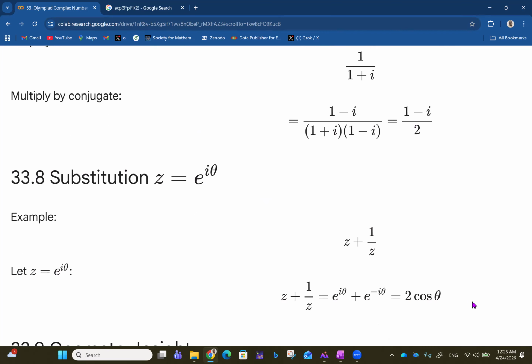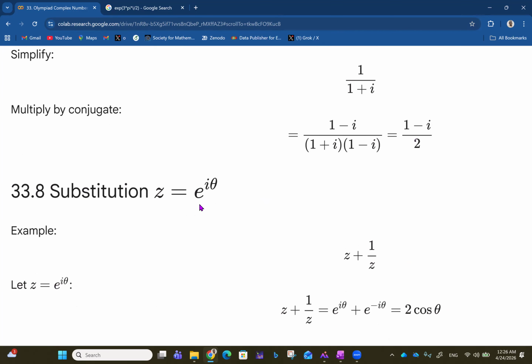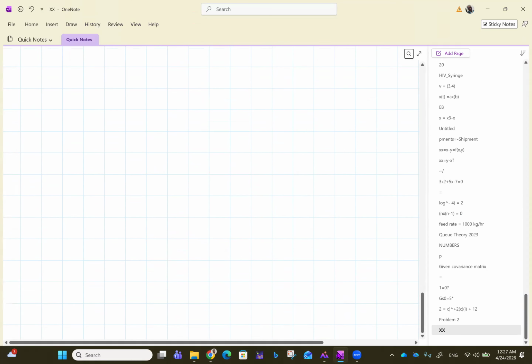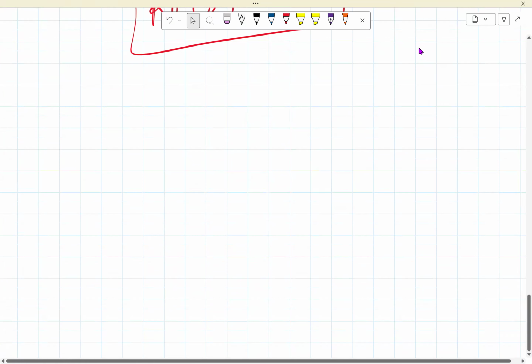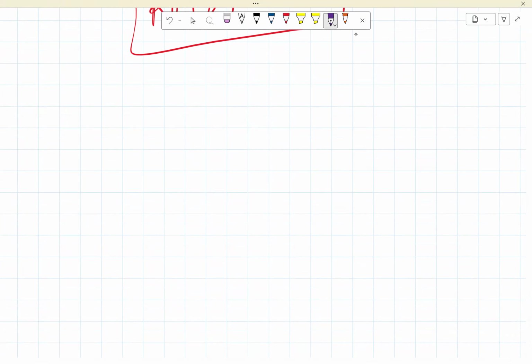So that's for the conjugate. And then we talk about substitution of z equals e raised to i theta. So if you have z plus 1 over z, let z be e raised to i theta. Then z plus 1 over z gives you e raised to i theta plus e raised to minus i theta, because this is 1 over z here. And how do you do this? So to take care of that, right, how did we come about that?